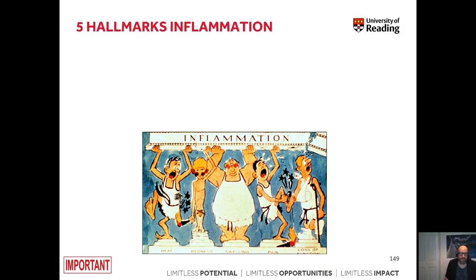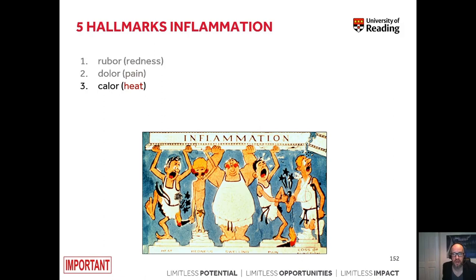Inflammation manifests in 5 hallmarks, and this is something we need to keep in mind in order to understand the role of inflammation in the innate immune system. The first sign of inflammation is redness. The second hallmark of inflammation is pain.